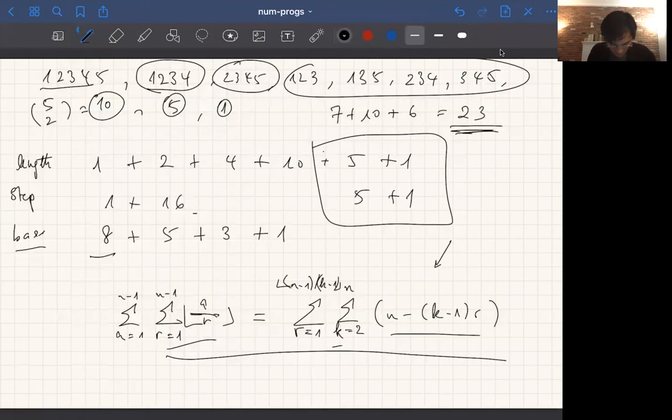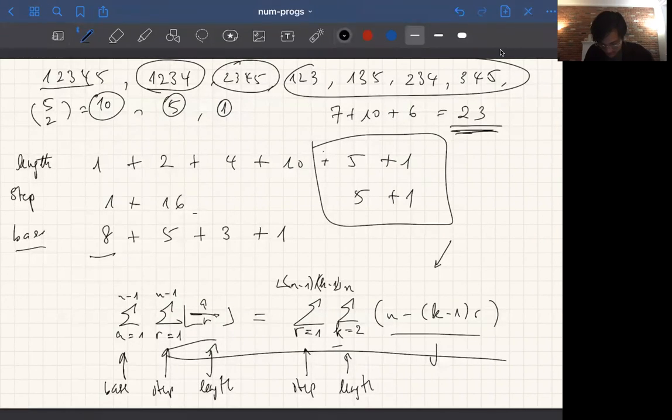Yeah, so you sum over the base point first, then the step size, then the length. So base, step, length. And this is you sum over all step, then length. And now this is how many base points you can have. And I think that's really the issue here.